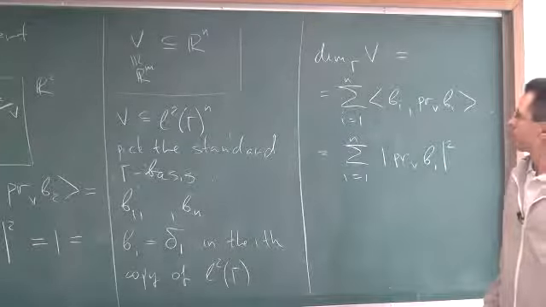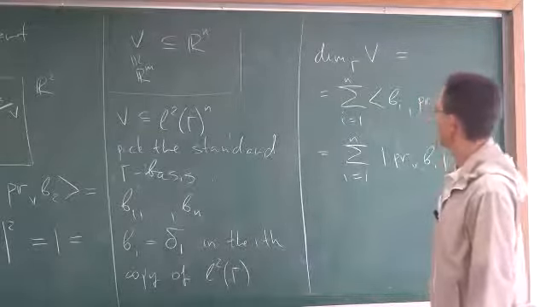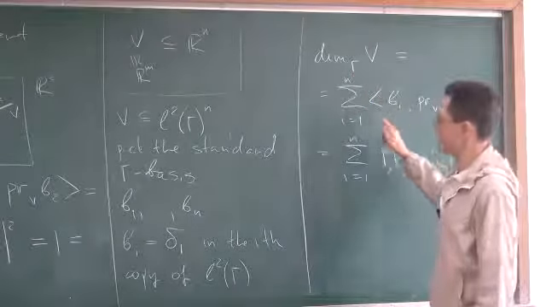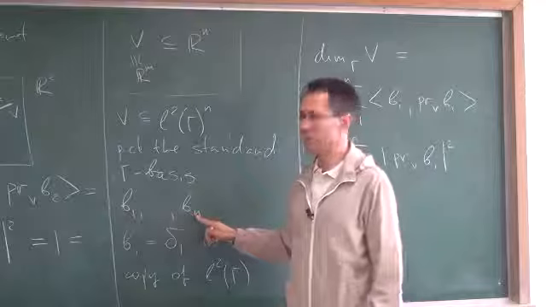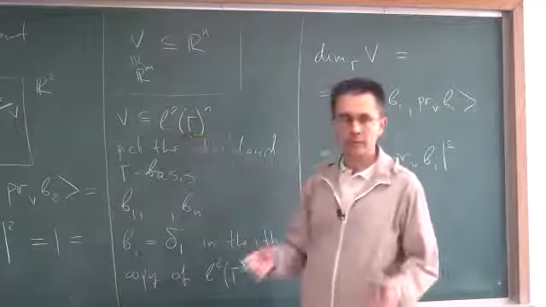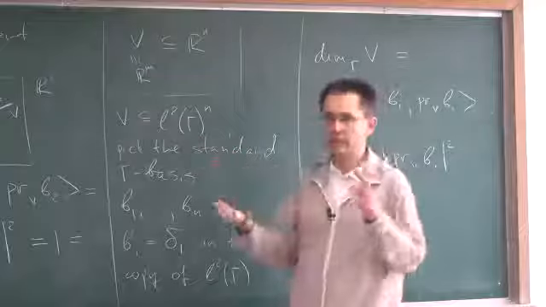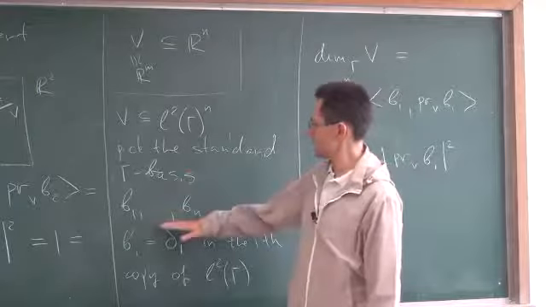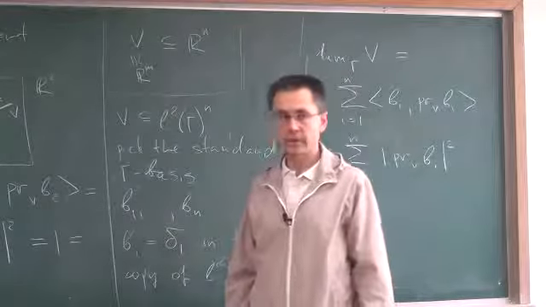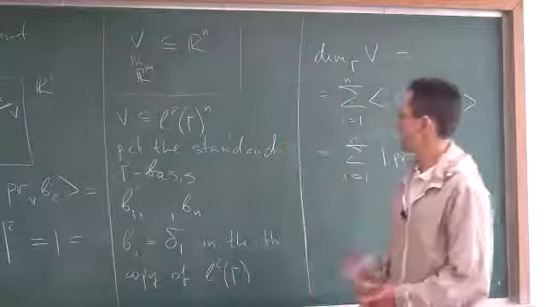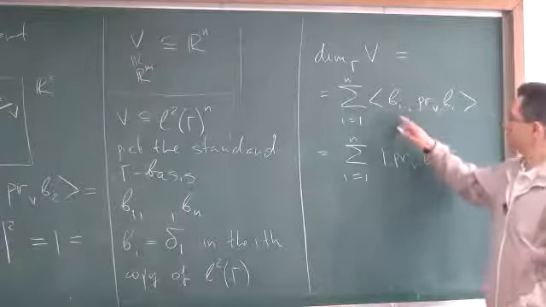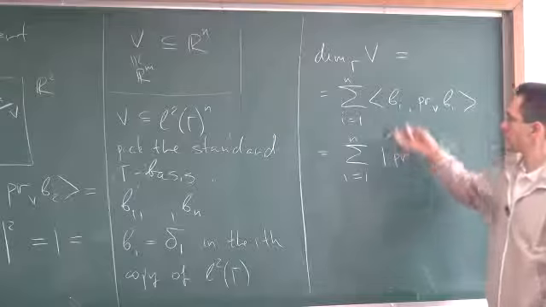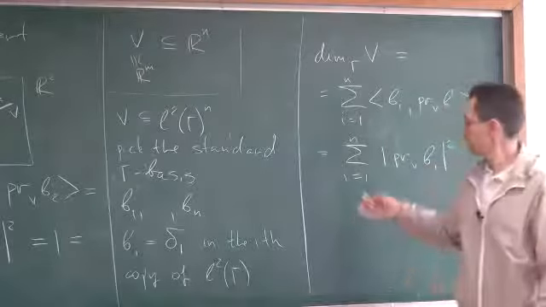What's important is that this number actually turns out to depend only on V. So there is a choice involved, right? We chose Bi here, the standard basis. We could make just an isometry of this space with itself and translate this basis into a different basis of the same space. That different basis, all these expressions will be different, right? This will be a different Bi you projected to this space. You will get a different number, but it turns out that the sum of these numbers will still be the same.